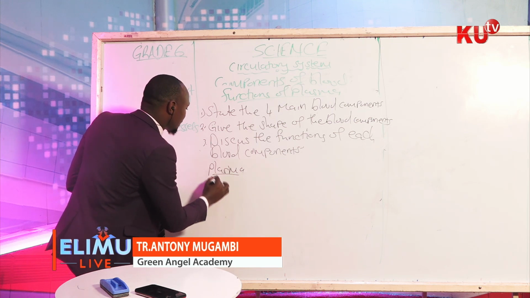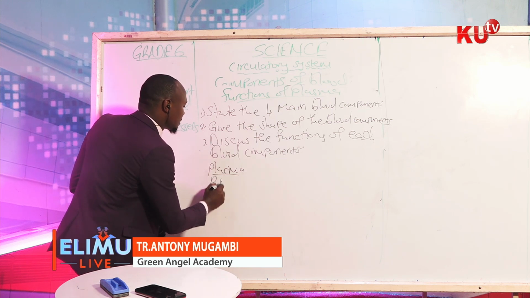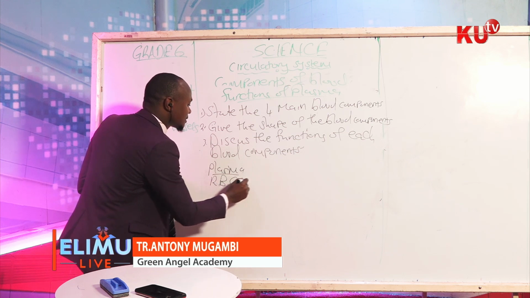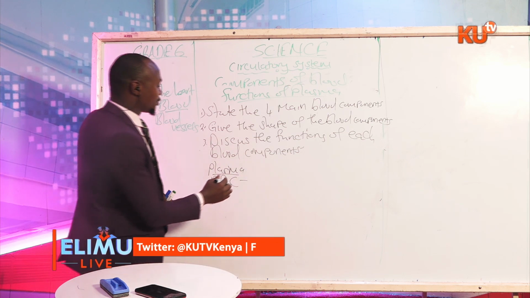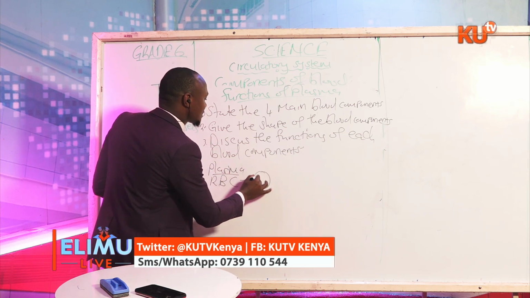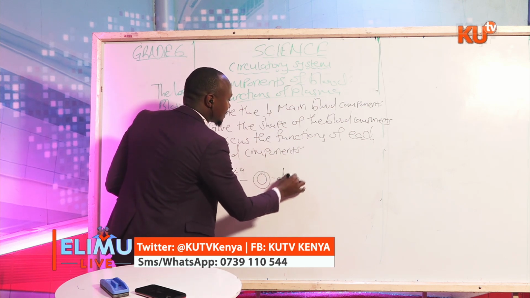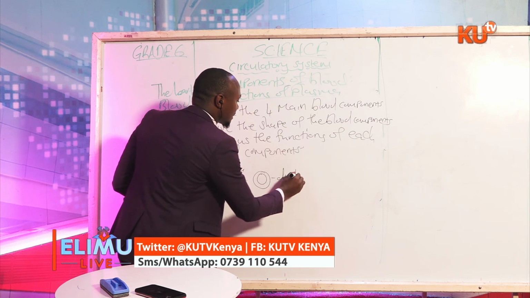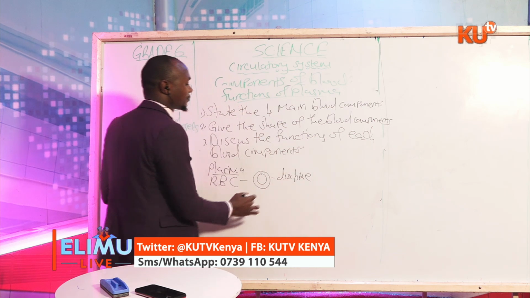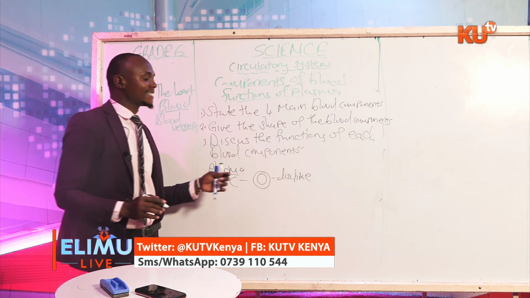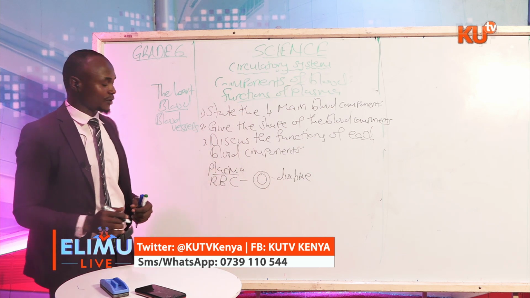Number 2, the red blood cells. Red blood cells, as you have drawn it, is disc-like in shape, and inside doesn't have a nucleus. Good for that.